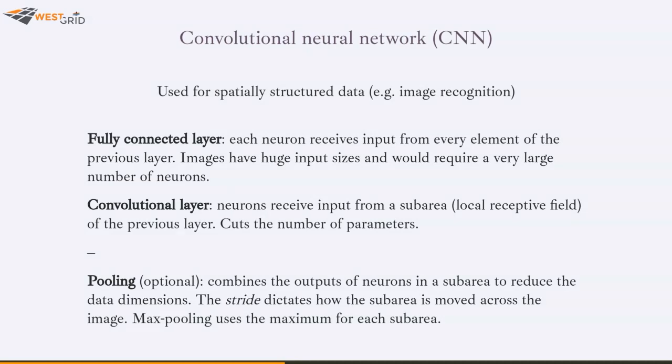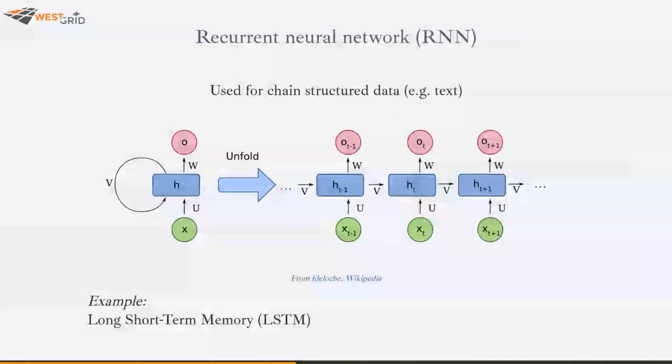The goal is to, instead of considering, in the case of an image, every single pixel independent of each other, as if they had absolutely zero spatial connection, use the spatial structure of the image to reduce the number of parameters and make the computational demand a lot lower. And it's proved extremely successful.